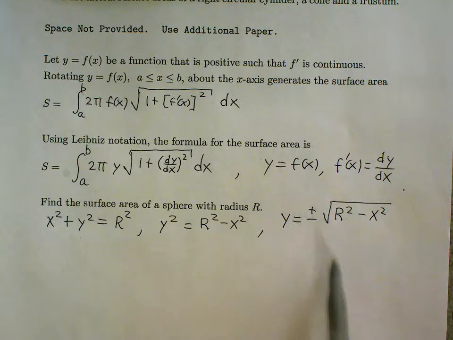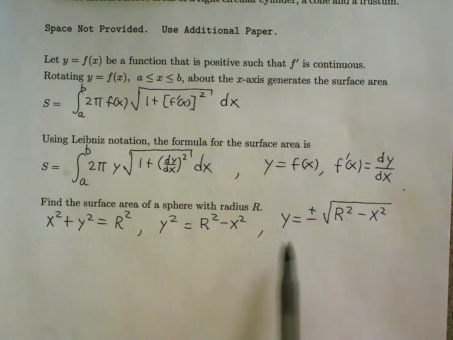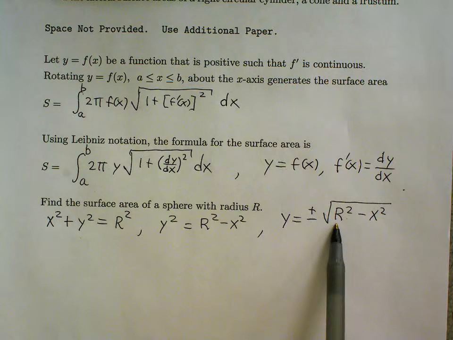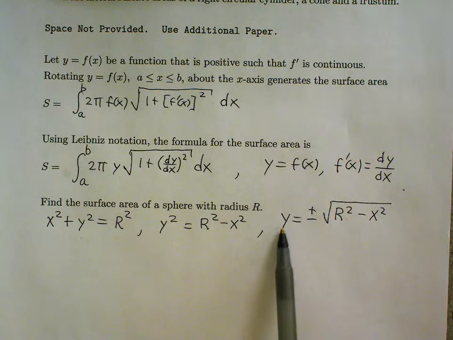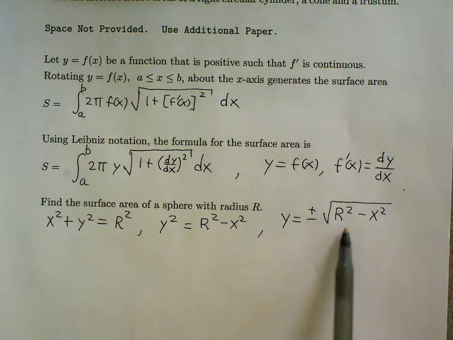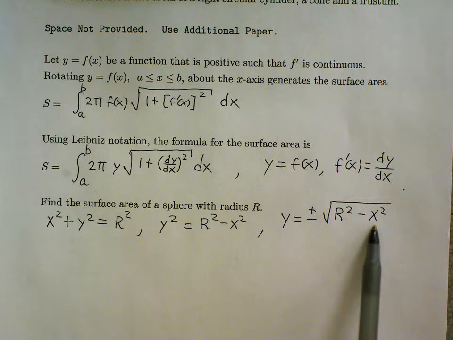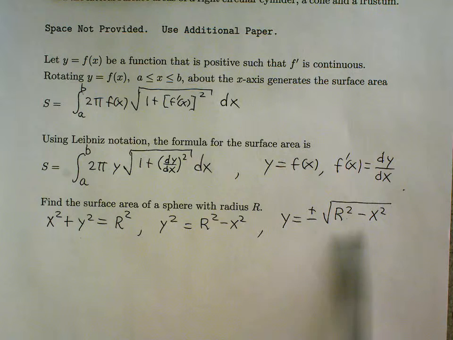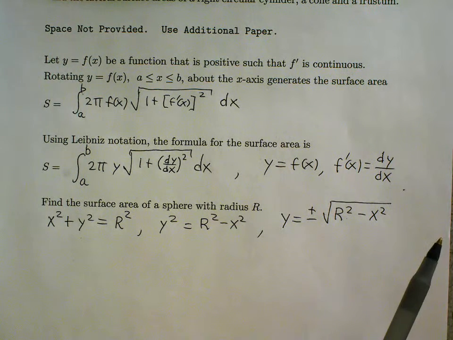Each of those represents a half circle. The positive square root of r squared minus x squared represents the upper half circle centered at 0, 0 with radius r, and y equals negative square root of r squared minus x squared is the lower half circle.